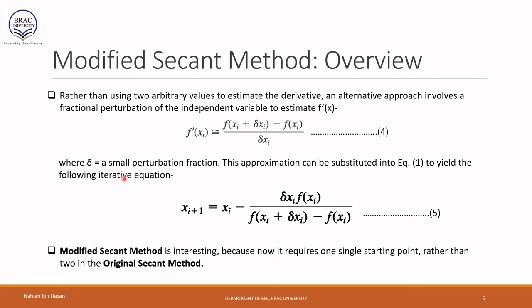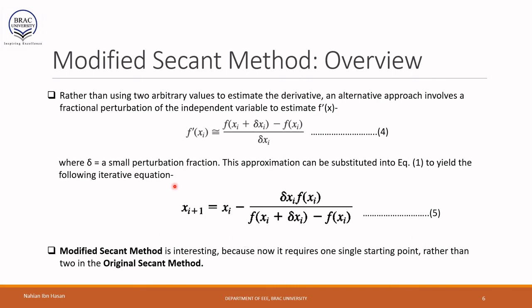Once we substitute this equation 4 into equation 1, we get a different second formula, like equation 5. This equation is also a second formula, but a modified one. In the normal second method, we had to use two different initial starting points.